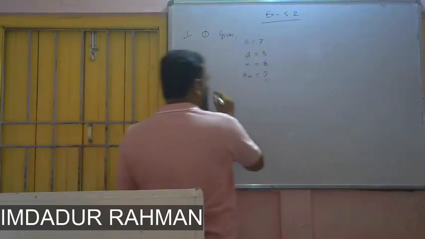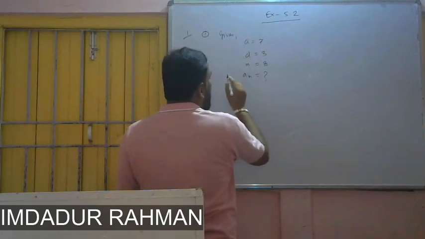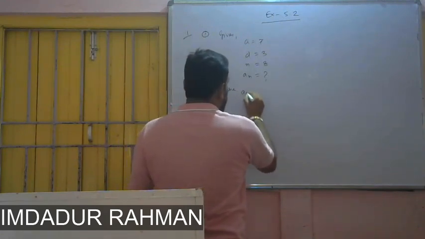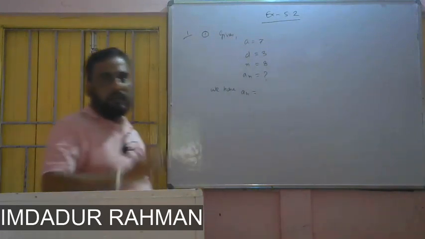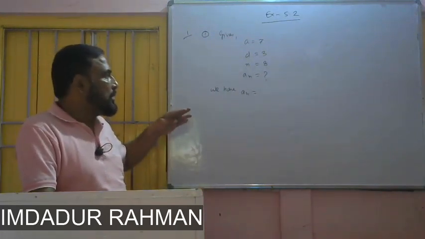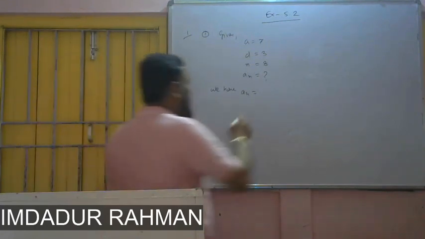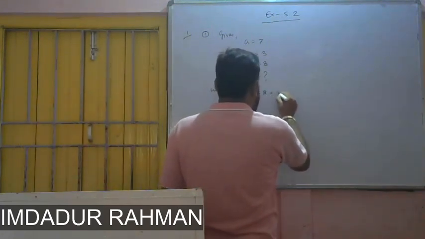So simply we will write the formula. We have an is equal to, it will come as an objective question, so we will do it in rough work and put the answer only. an is equal to a plus n minus 1 into d.